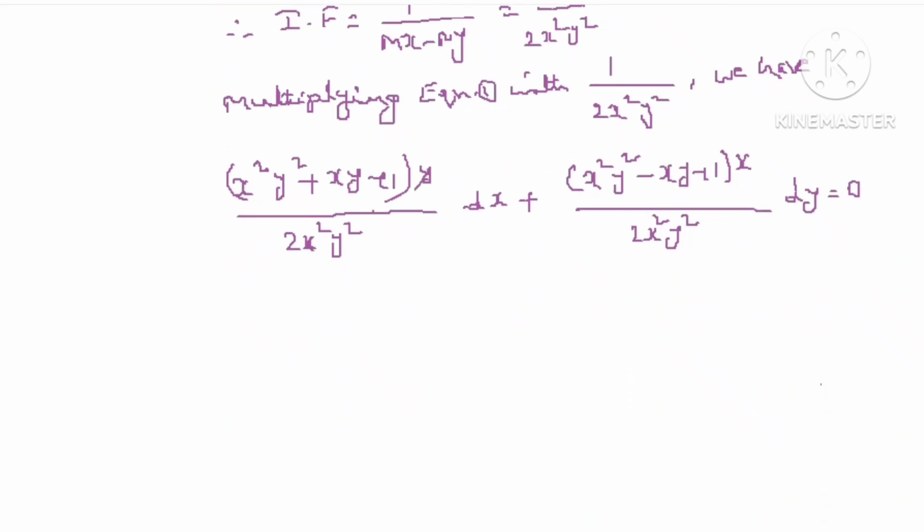So here 1y gets cancelled out, here 1x gets cancelled out.